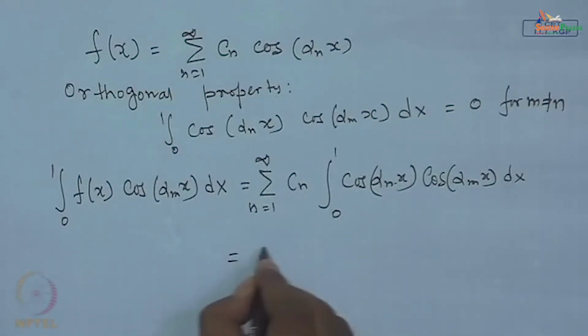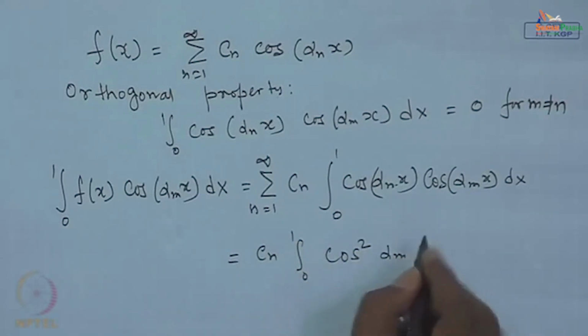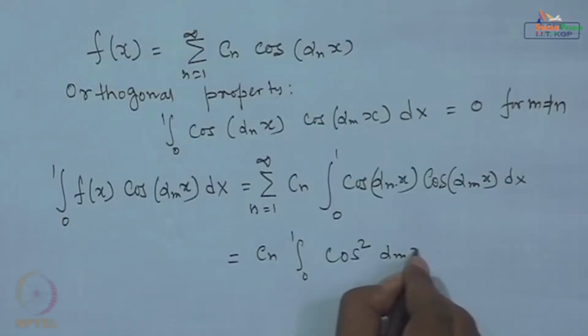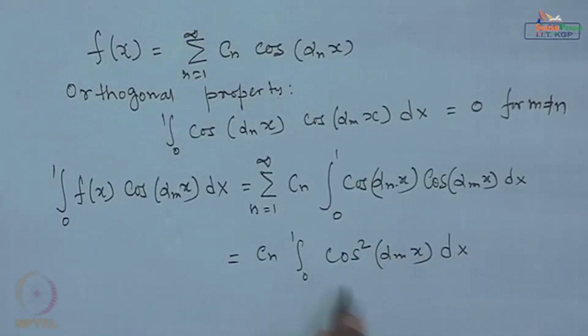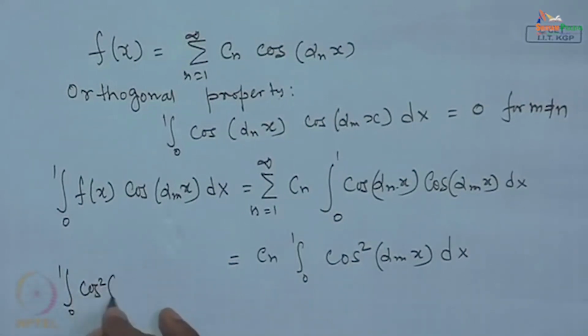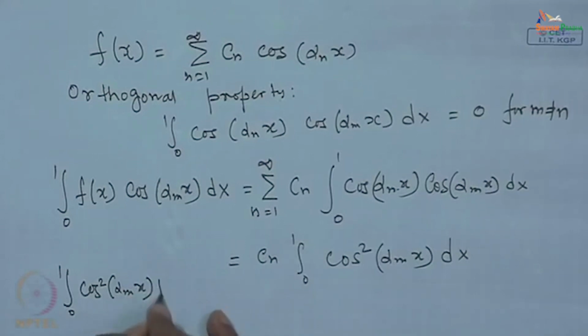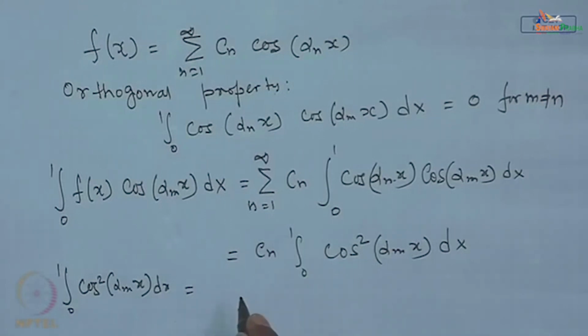So, this becomes C n integral from 0 to 1 of cos square alpha m x dx. Now, let us evaluate this integral. If you remember the expression of cosine 2 alpha m x, you just divide it by half from both sides.